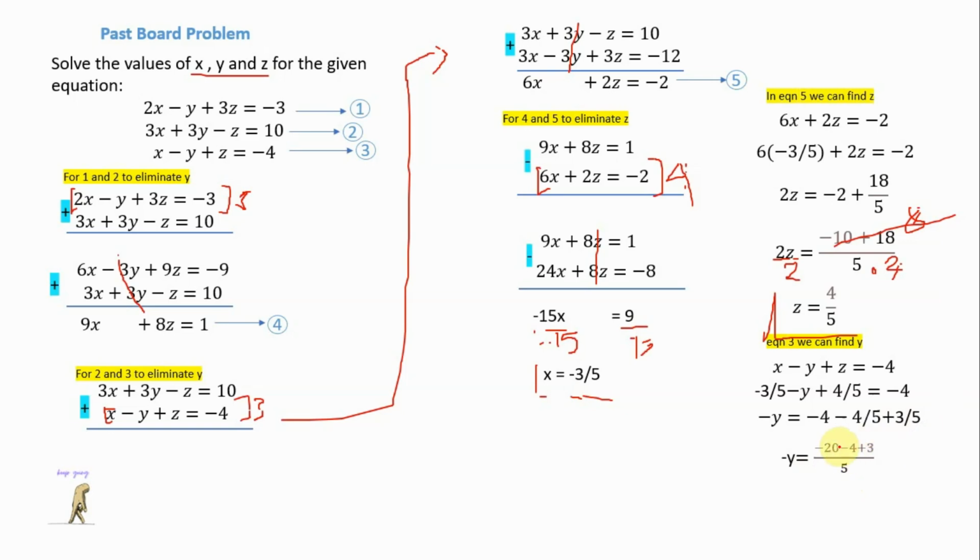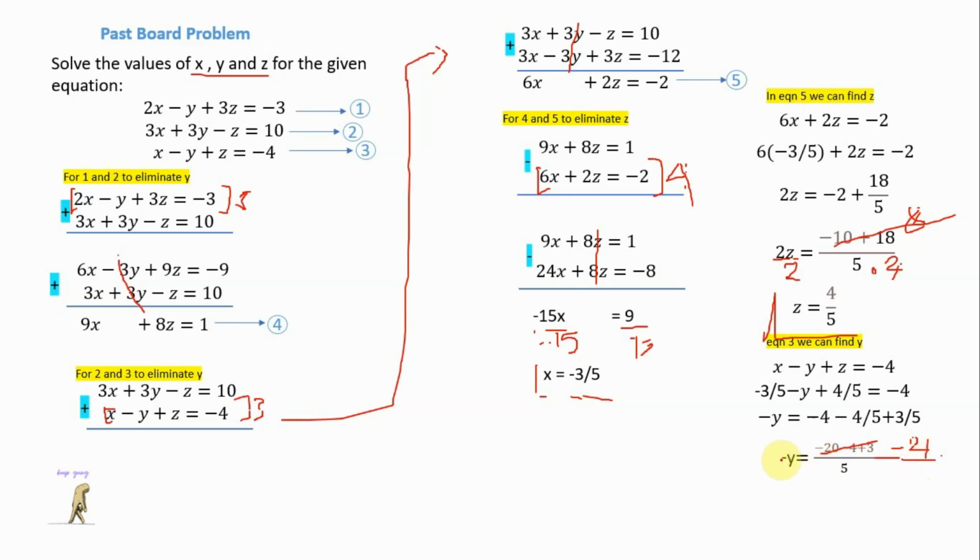We just need to simplify this. Negative 20 minus 4 is negative 24 plus 3, it is equal to negative 21. It is equal to negative 21 over 5, right?